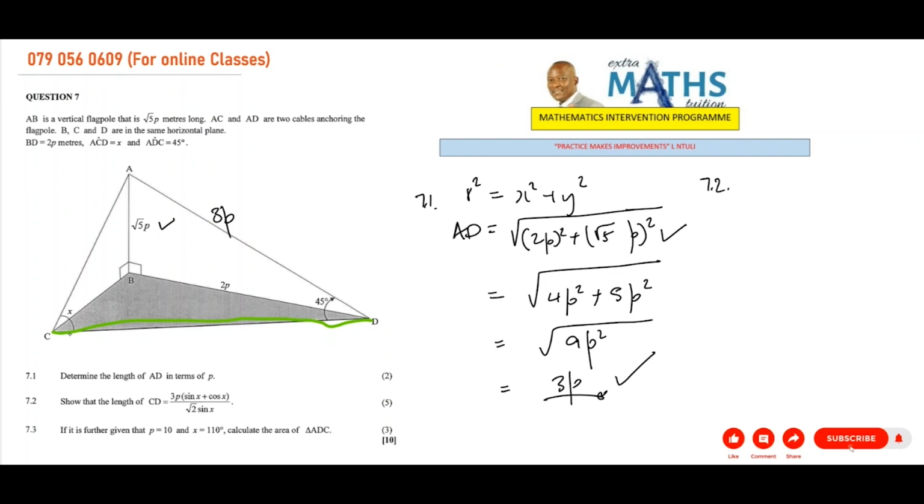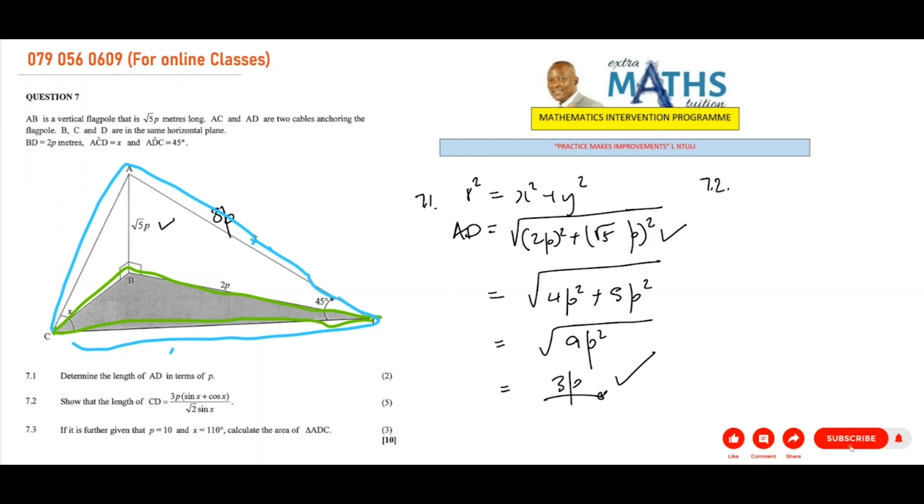CD is either on triangle CBD or triangle CAD. What is funny about 3D problems, guys, is that they always lead you to the triangle that you use.